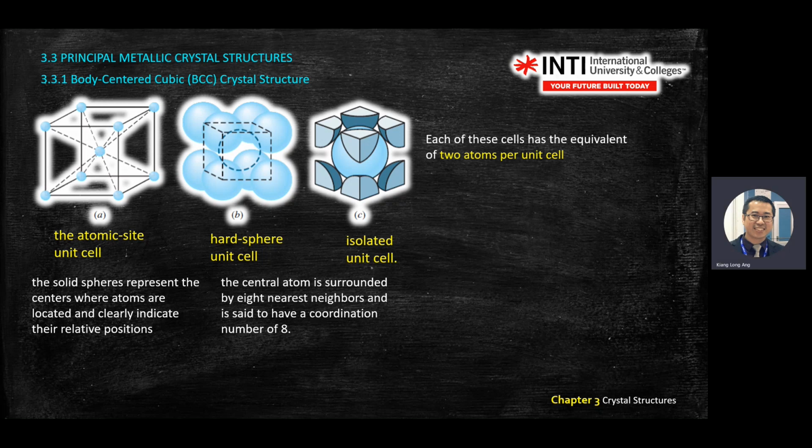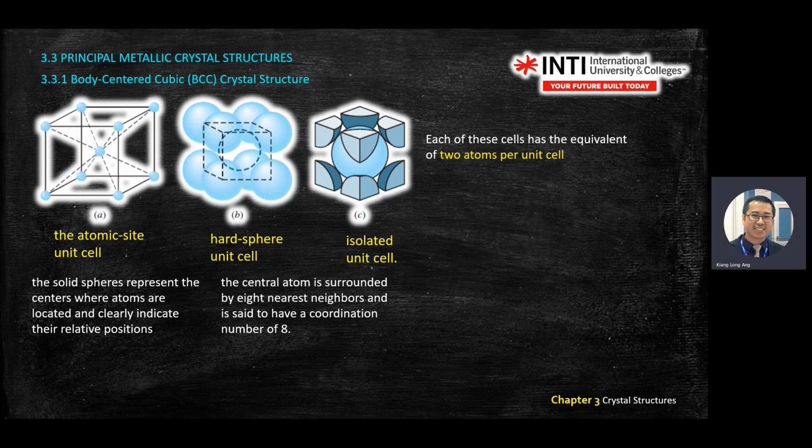Can you get the idea? It means you break this one, this one, this one, and then you combine. You'll get 1 atom, right? It's a quarter. 4 at the top, 4 at the bottom. You combine, you get 1.